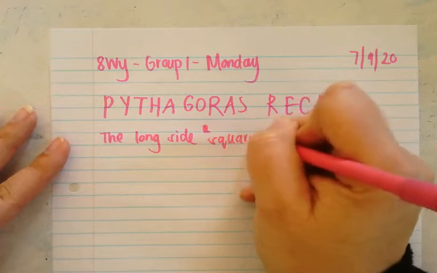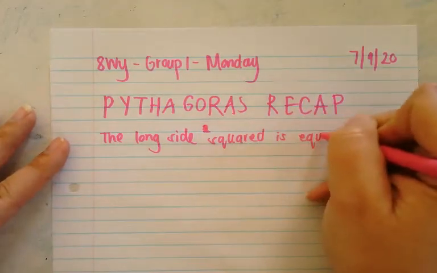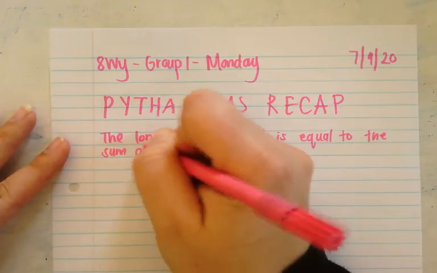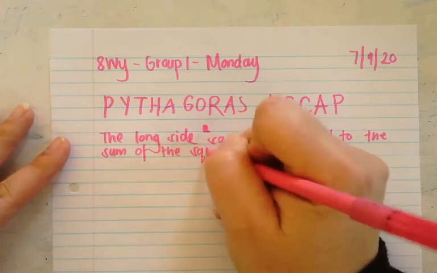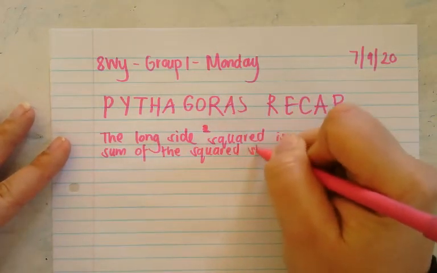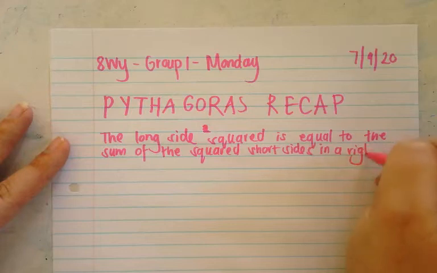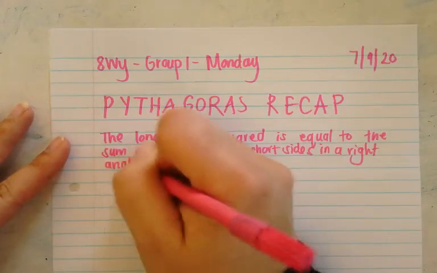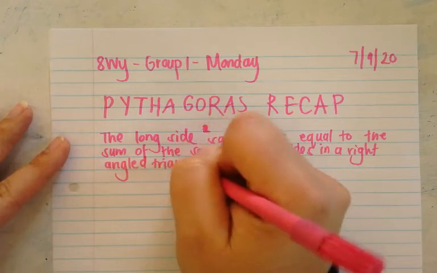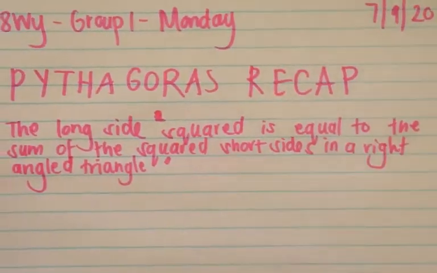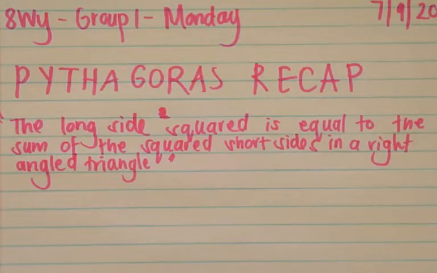The long side squared is equal to the sum of the squared short sides in a right angled triangle. So the long side squared is equal to the sum of the squared short sides in a right angled triangle.